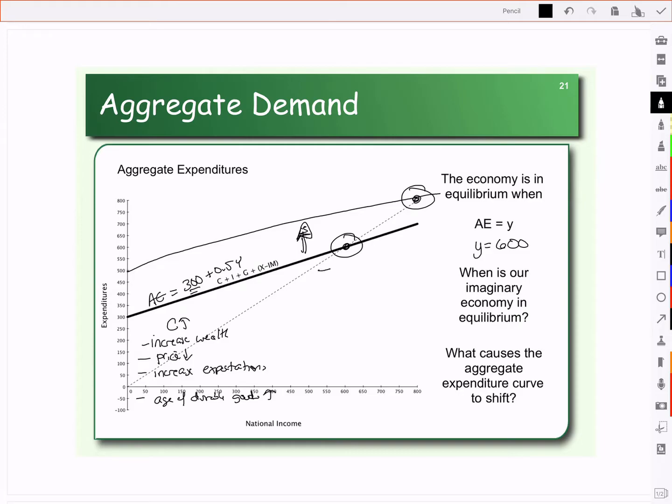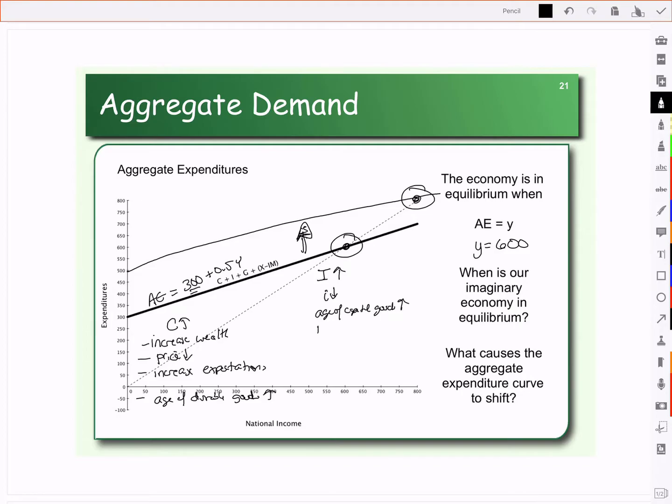All right, let's talk investment spending. What would increase autonomous investment spending? Well, if interest rates went down, then businesses would be more likely to get loans and expand their location, buy new equipment. If there is an increase in the age of capital goods, that equipment gets old, it's got to be replaced.